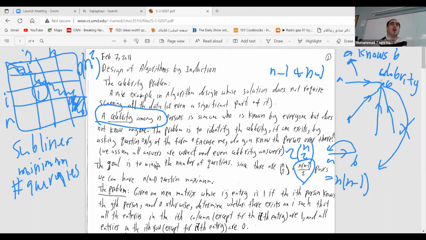So one other question: how many celebrities can we have here? The question is how many celebrities can we have among n people?